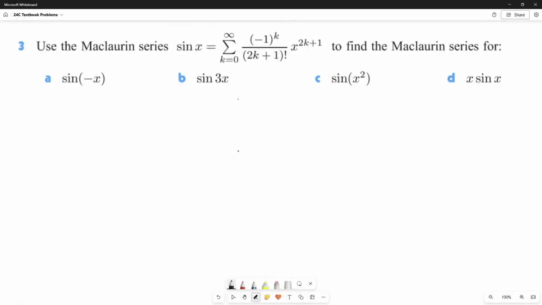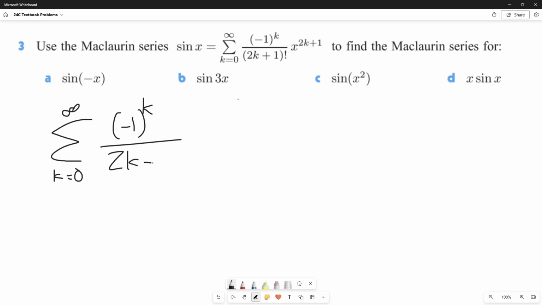For part B, you substitute 3x for x, so it's going to be from k equals 0 to infinity of negative 1 to the power of k over 2k plus 1 factorial, and then 3x to the power of 2k plus 1.